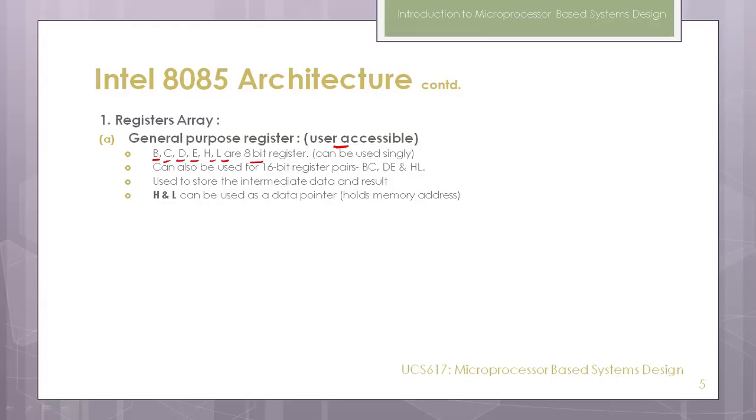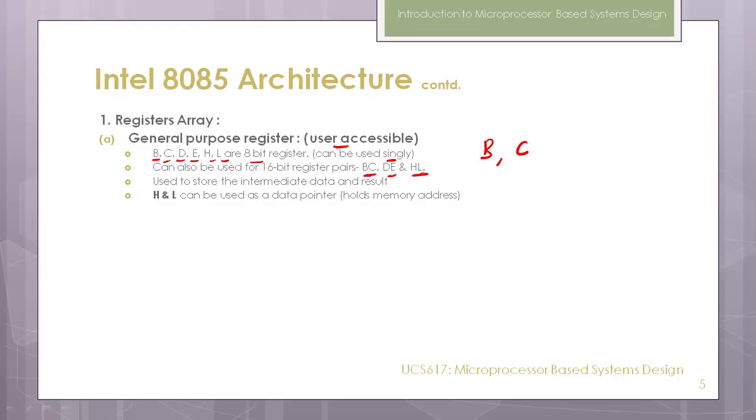They can be used singly, meaning we can use the B register, or C, D, E, H or L. They can also be used in pairs. When used as a pair, 2 registers combine, like the B and C combination, D and E, and H and L. Now these are 16-bit registers.